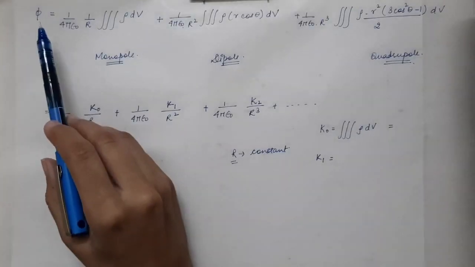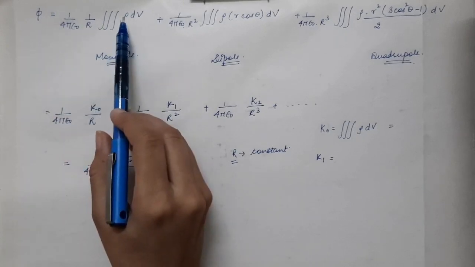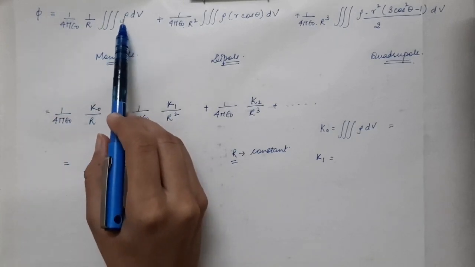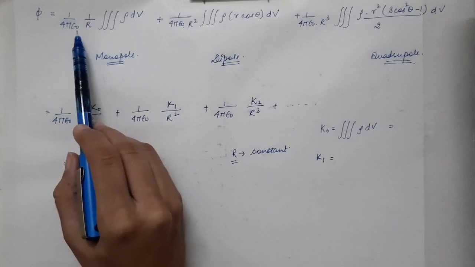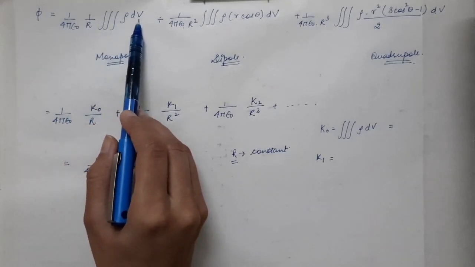So the net potential at point P due to a charge distribution whose volume charge density is rho is given by 1 by 4 pi epsilon naught, 1 by capital R, into the integration of rho dV.